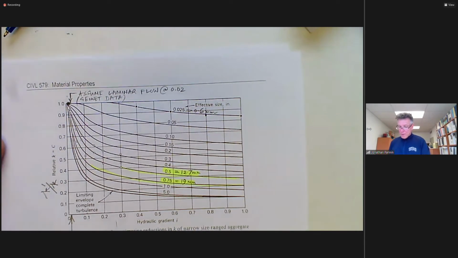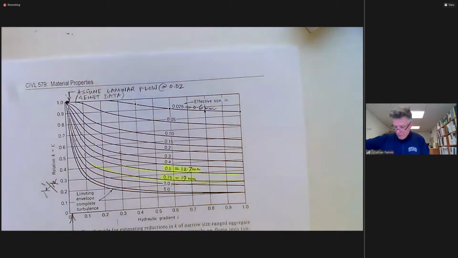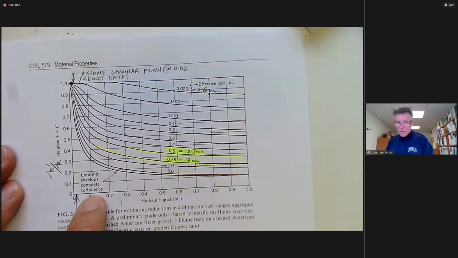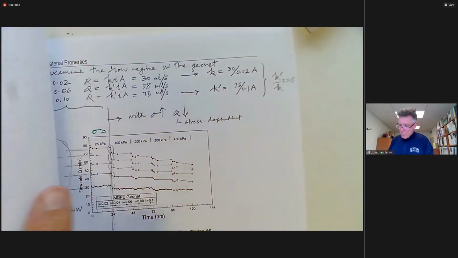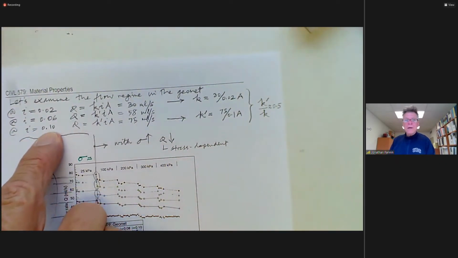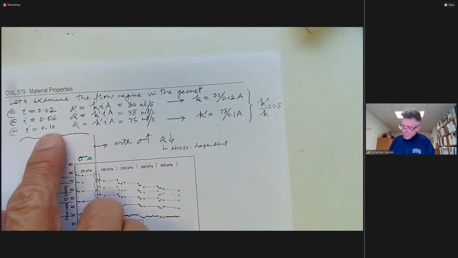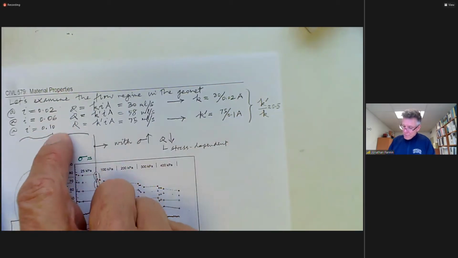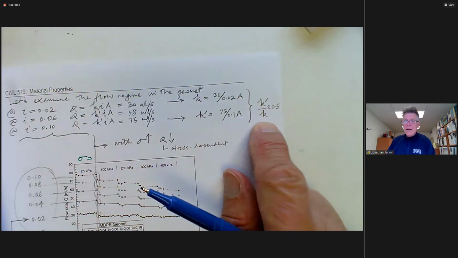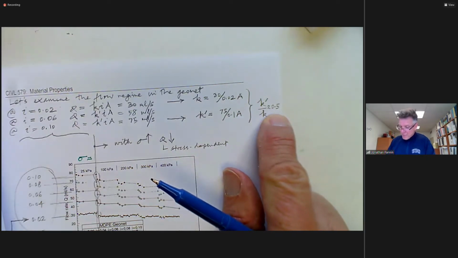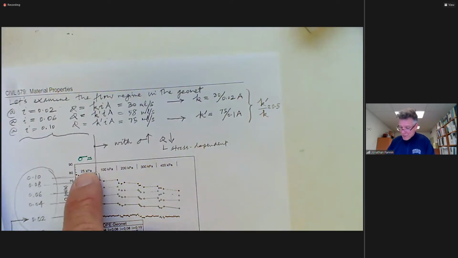Okay. But if we go out to a hydraulic gradient of 0.1, which are the data that we have here, our relative permeability ratio, K prime over K, is 0.05 for the GeoNet data. That's what we're seeing here.